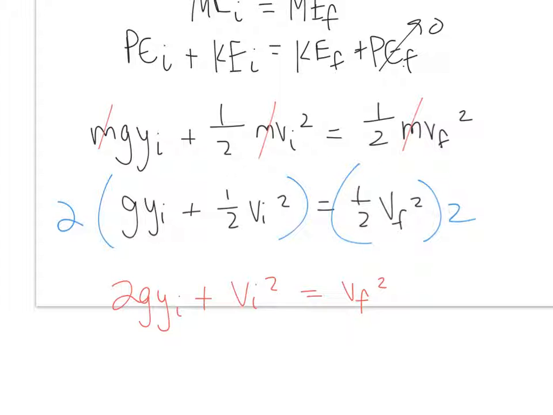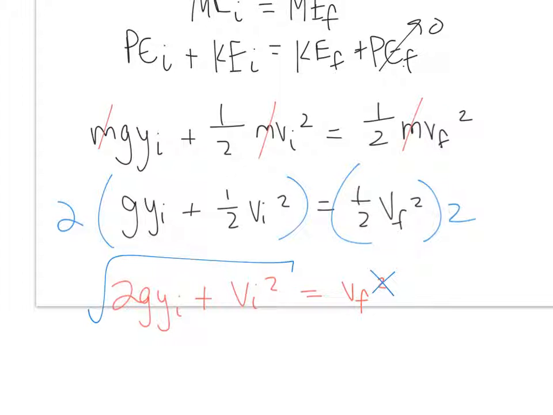If there was a 1/2 in every term, you could have dropped them off. But there's no 1/2 in front of the gyi, so it doesn't get rid of it. And our goal is to find the velocity of the diver when he hits the water, so just take the square root and you get vf.